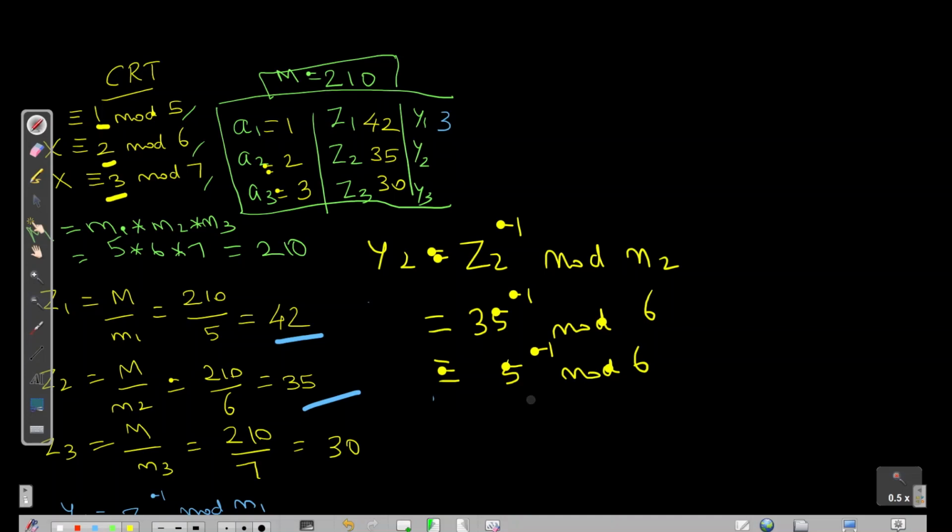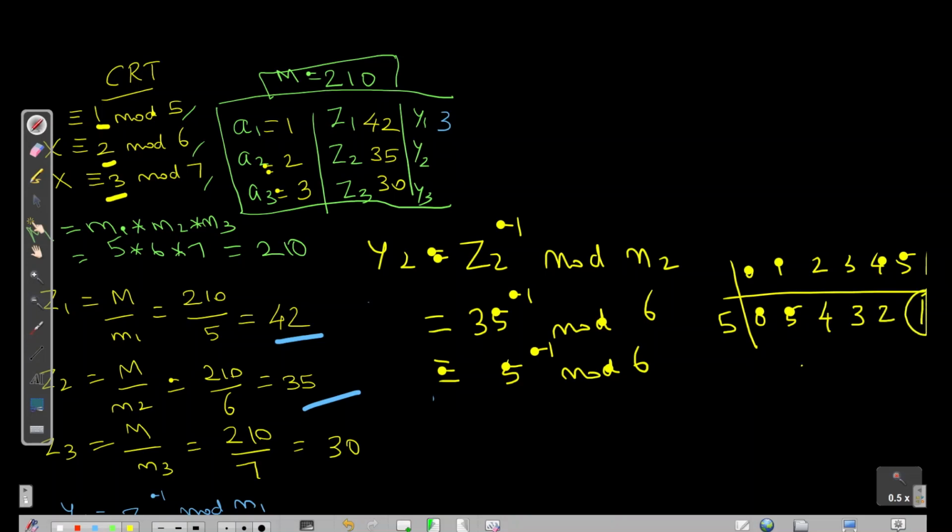Now find the inverse of 5 in mod 6. Mod 6 means 0, 1, 2, 3, 4, 5. I want to find the value for 5. So 5 zeros are 0, 5 ones are 5, 5 twos are 10, 10 mod 6 is 4, 5 threes are 15, 15 mod 6 is 3, 5 fours are 20, 20 mod 6 is 2, 5 fives are 25, 25 mod 6 is 1.